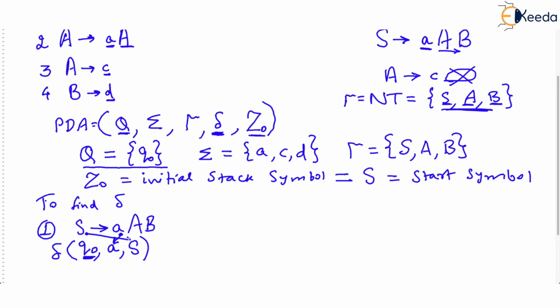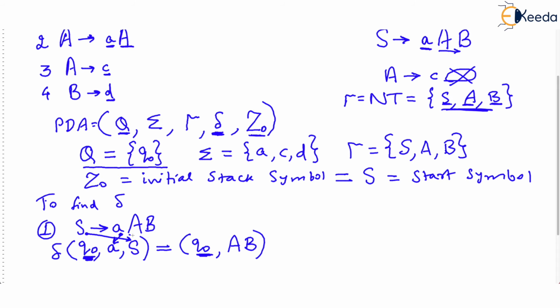That single non-terminal is written here. This becomes the configuration, and the result is that the machine will stay in Q0. Come on again, there is only one state. The machine can't change the state. So if it was in Q0, it will stay in Q0, and the stack will now result in AB.